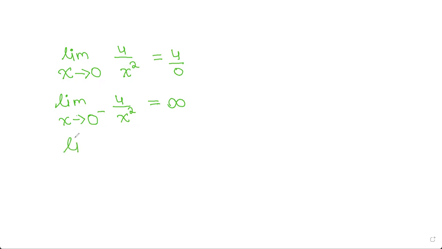Now let's try it for x tends to 0 plus. Say 0.00001. 4 by that squared would be a very large number, so we write it as infinity. So now we know that the limit as x tends to 0 minus is infinity and as x tends to 0 plus is infinity. Hence, it exists. Therefore, this is the symbol for therefore.